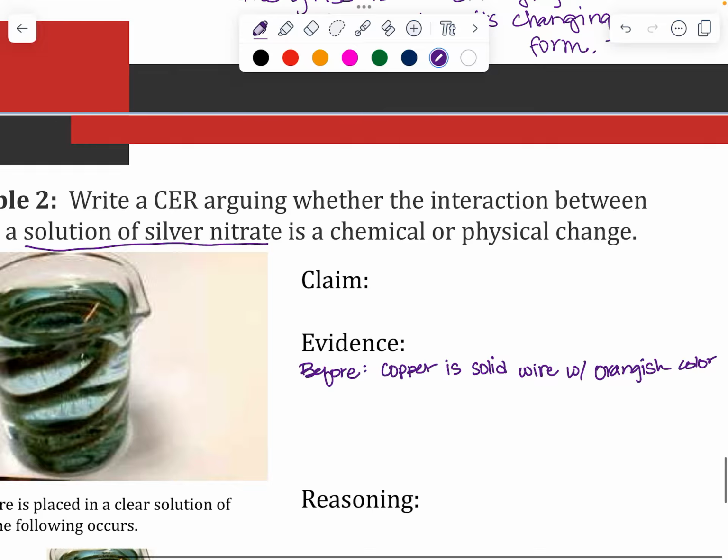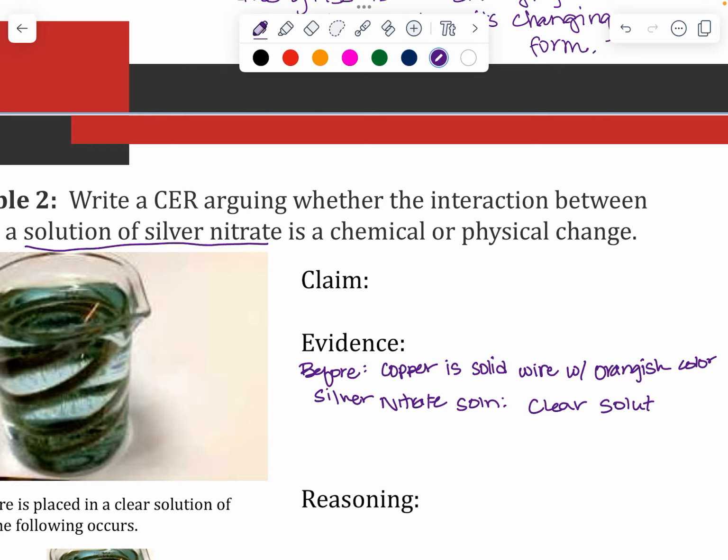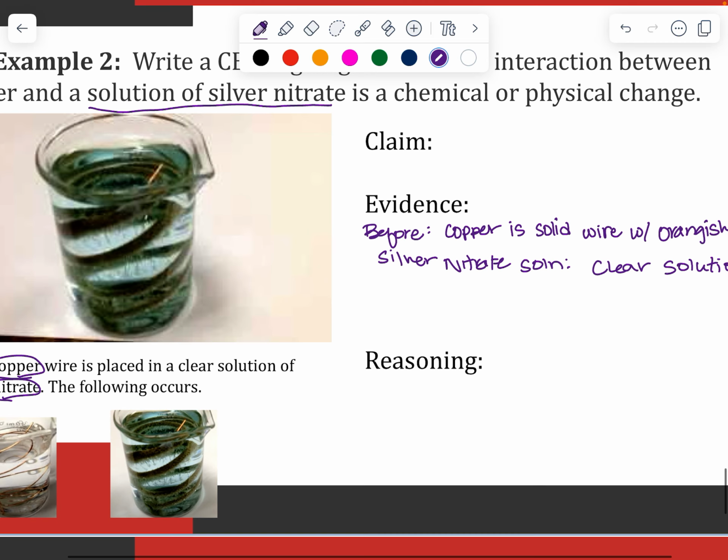So we can just say our silver nitrate solution is a clear solution, or you could say clear liquid. That's not the best word for it, but that's our before.